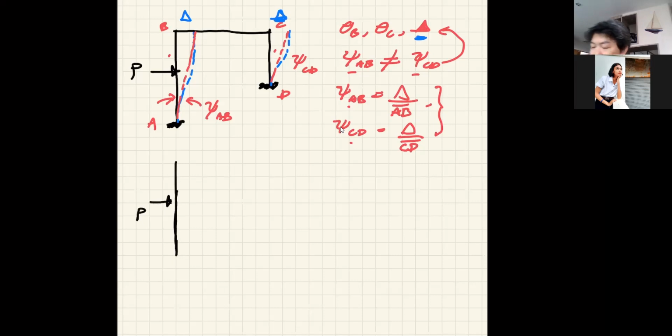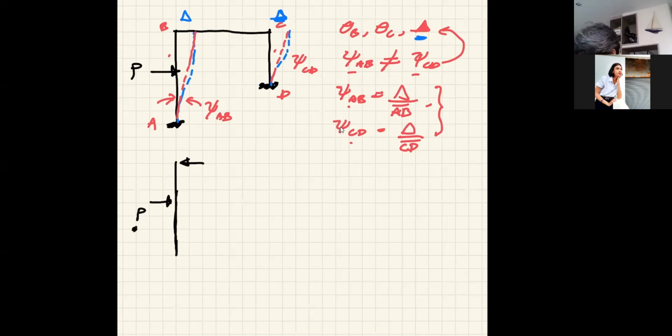Now, when you write the equilibrium equation for member AB, for example, you just need to use the correct free body diagram. If you are okay with equilibrium from day one, this is nothing new. This time, because P is here, you can look at your member AB and write your moment equation based on superposition, which means that the first one, I can write my horizontal force based on P alone.